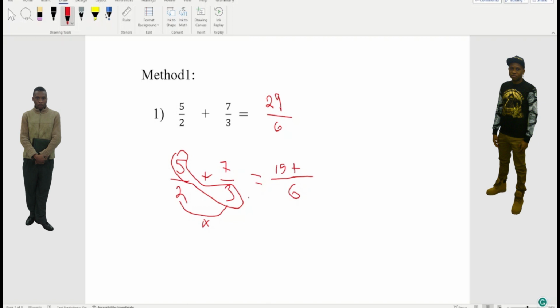So 2 times 7 equals 14, and this is what they got. So 15 plus 14, 29. This is the answer. This is the one. You see how they get it?